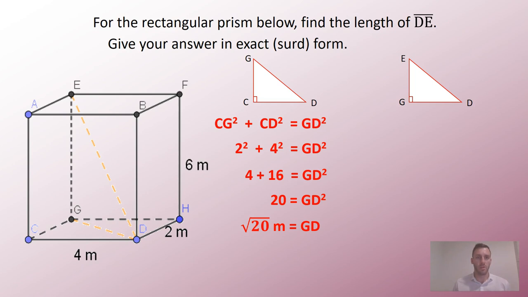So we draw the triangle GED, and we write out Pythagoras' theorem, which is GD squared plus EG squared equals DE squared.